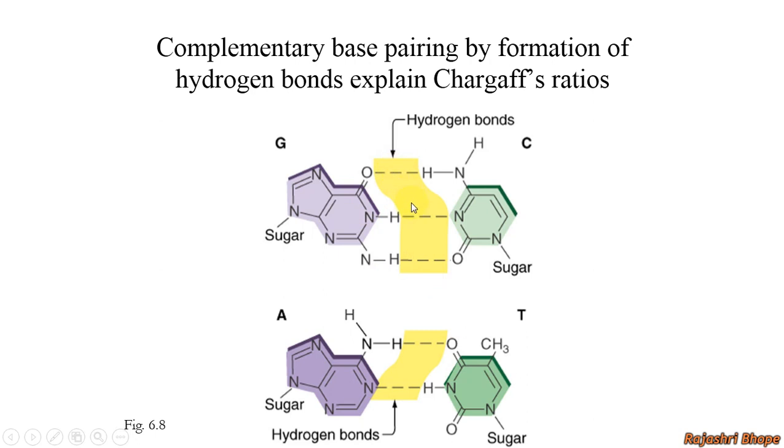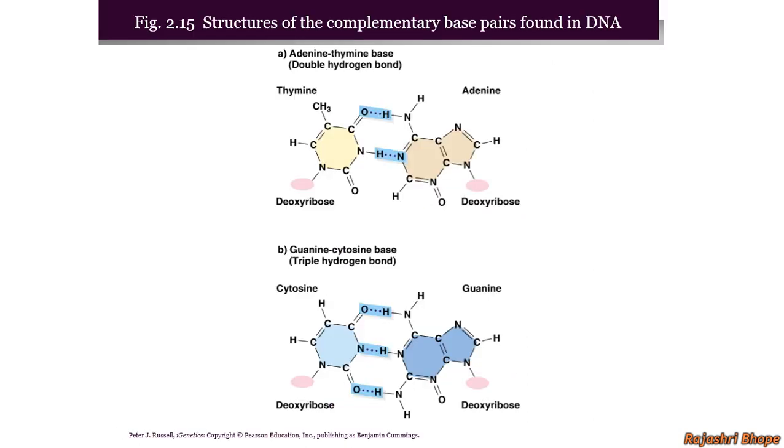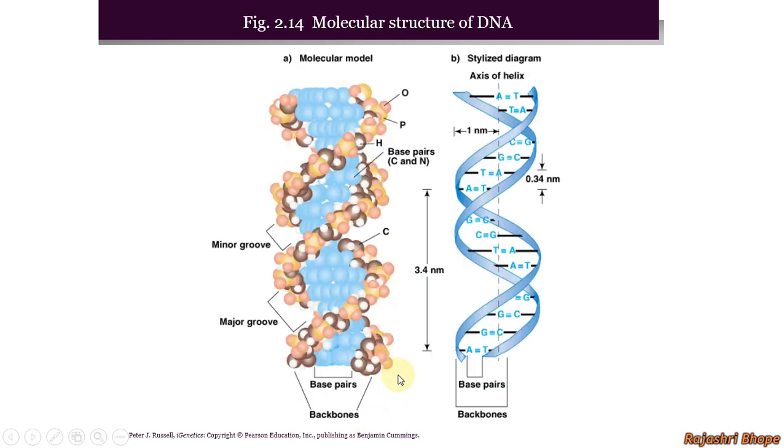There are 3 hydrogen bonds between G and C, and 2 between A and T. Here adenine and thymine base pairing is shown with 2 hydrogen bonds, and guanine and cytosine have 3 hydrogen bonds.